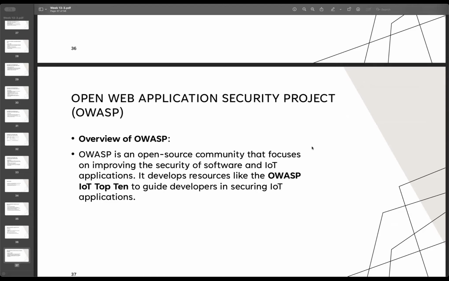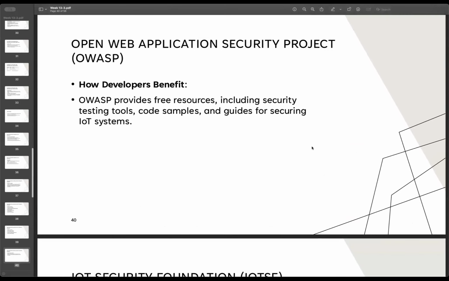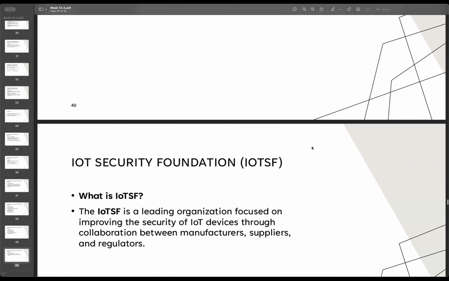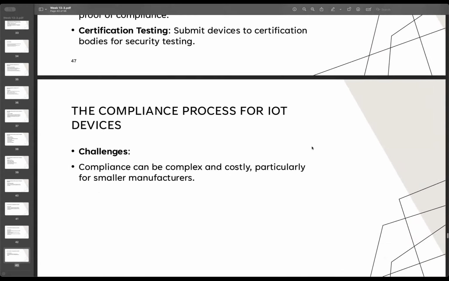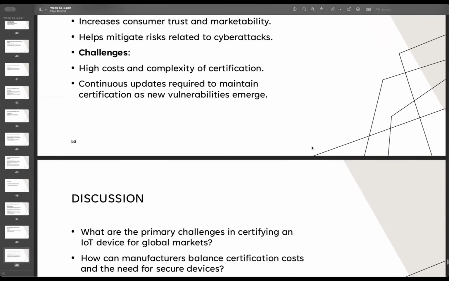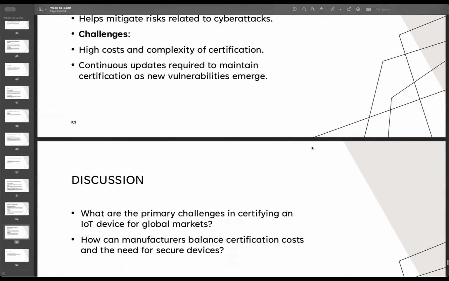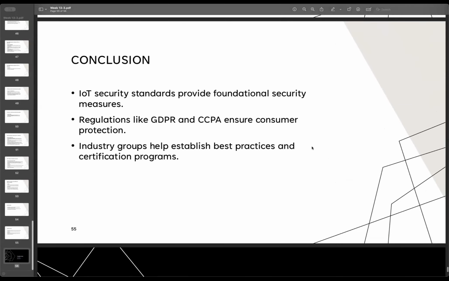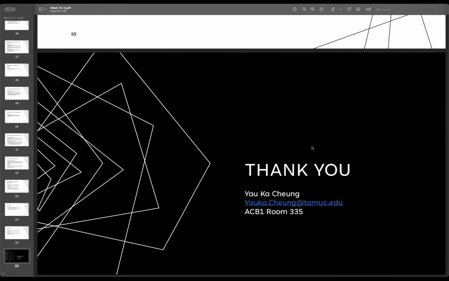If you want to see more, you can look into it. And we quickly go over the benefits of bringing all this together and summarize it. So that's it for our smart things and security.